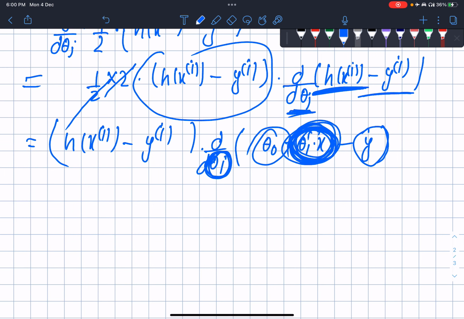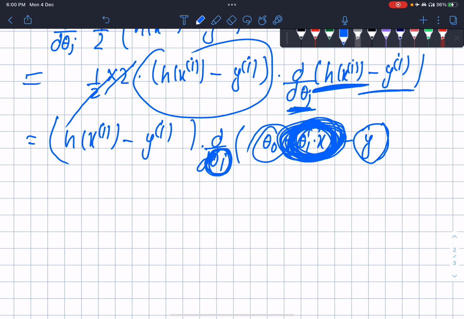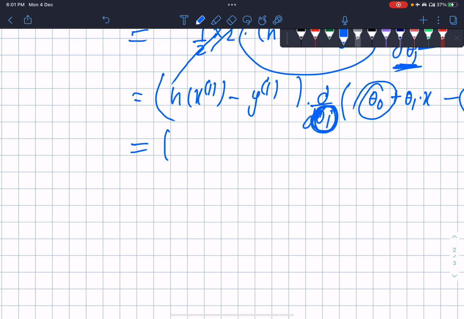If we have theta 0, that term won't affect that much, but this term does, because we have x multiplied with it, and this is the more weighted value. So what we actually get at the end is h of x of i minus y, and the term that matters for theta j is x of j.